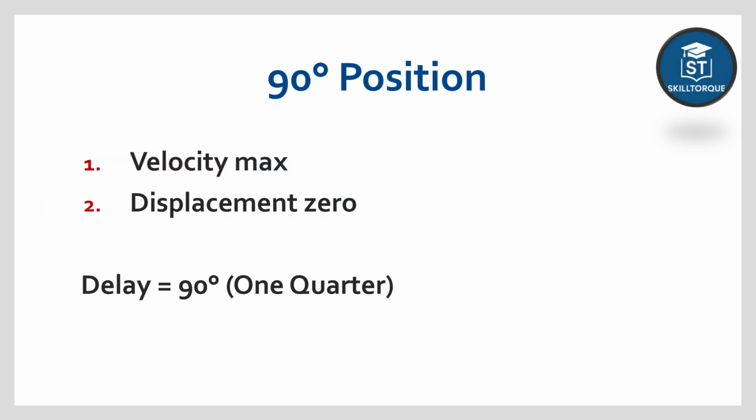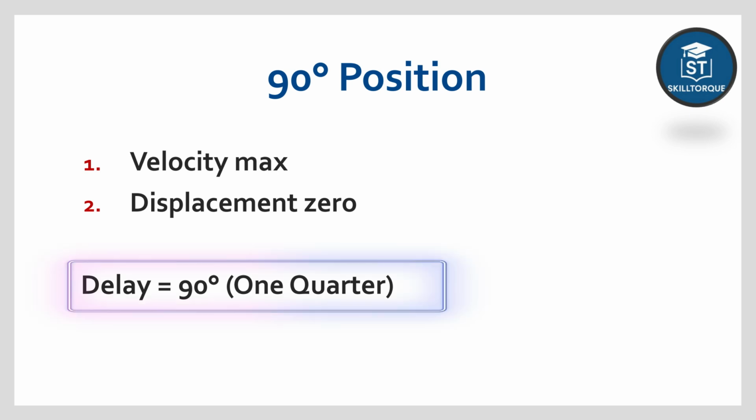First was the maximum displacement, then the maximum speed. So the delay is exactly 1/4 of a cycle. If you imagine a clock, my needle is at 0 degree and then it moves towards 90 degree. So there is a phase shift of around 90 degrees. That's the reason why there is a phase shift of 90 degrees between the displacement and the velocity. I hope you understand this very clearly.